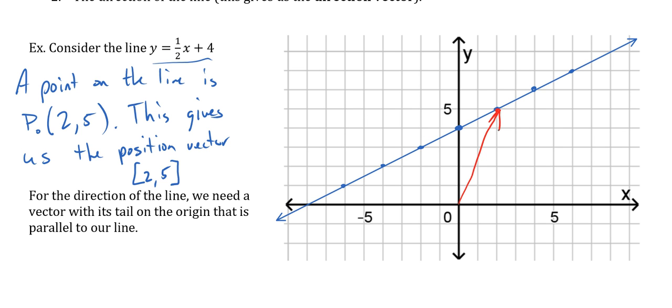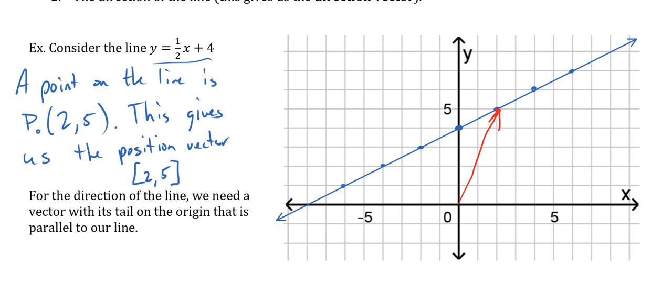But in this unit, we're going to really have to distinguish between, is this a point or is this a vector? There's a big difference between those two things, even though in a lot of cases there's a relationship between them. So make sure that you're using square brackets when you're talking about vectors.